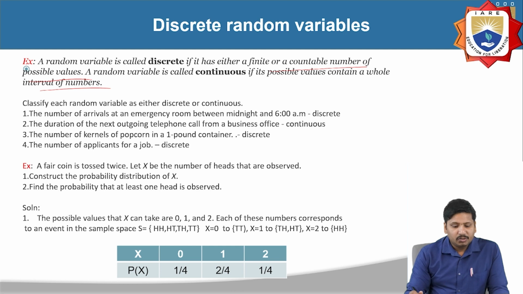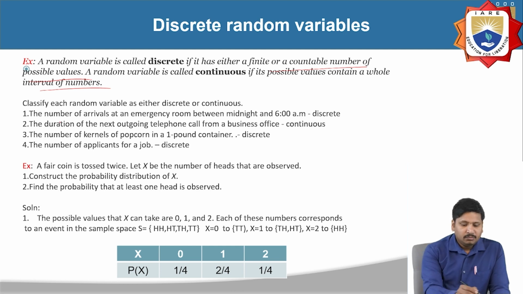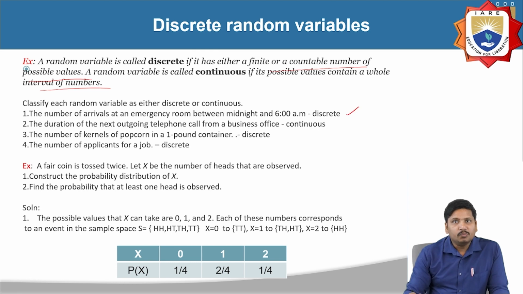For example, the number of arrivals at an emergency room between 6 a.m. and so on, that should be a discrete one, and the duration of the next outgoing telephone call from a business office should be continuous. The number of kernels of popcorn in a 1 pound container should also be treated as discrete. The number of applicants for a job should also be discrete.